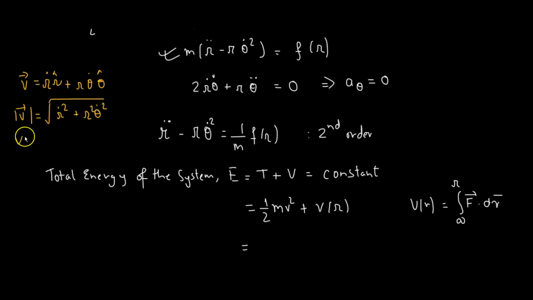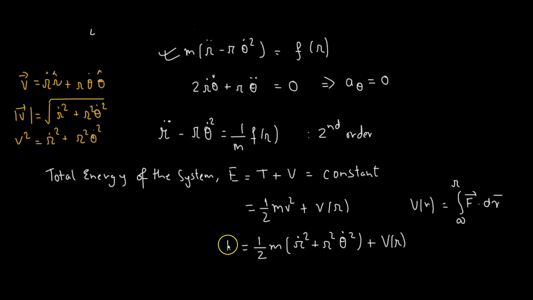So v square will simply be r dot square plus r square theta dot square. Let's substitute it here. So we have half m times (r dot square plus r square theta dot square) plus the potential function V of r, and this equals E.